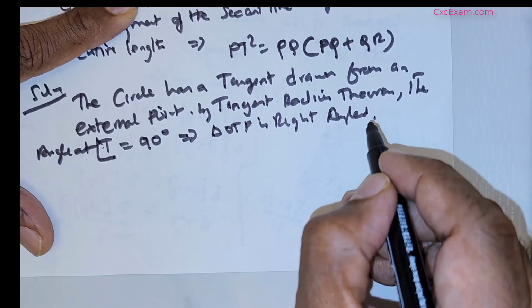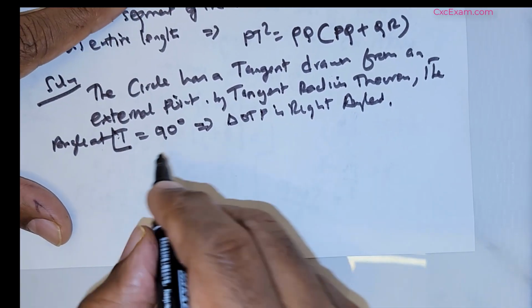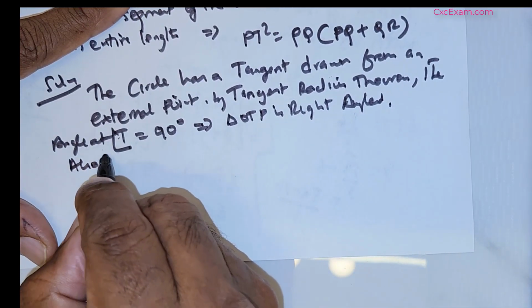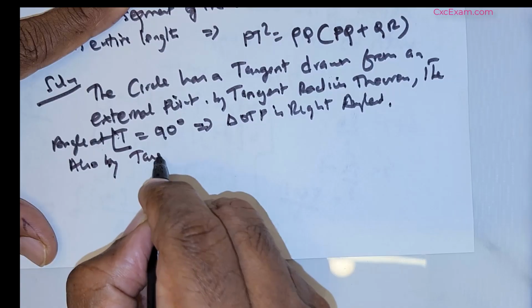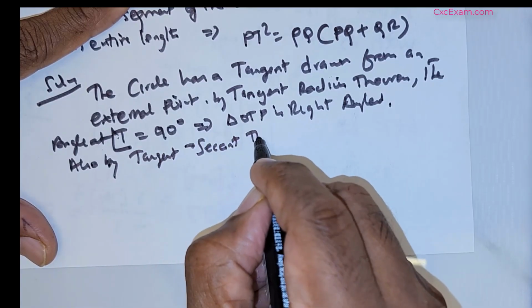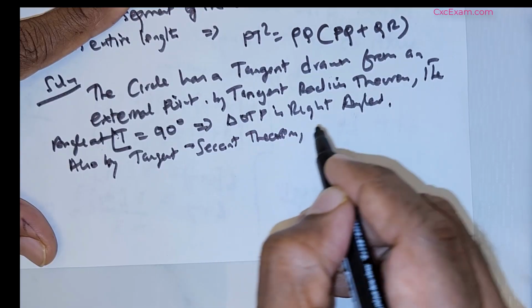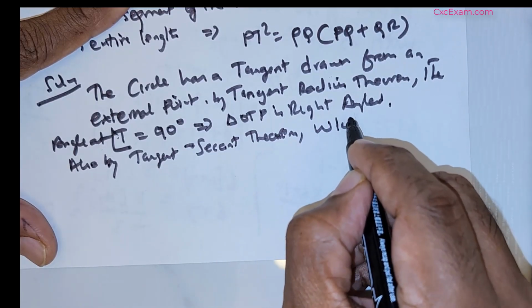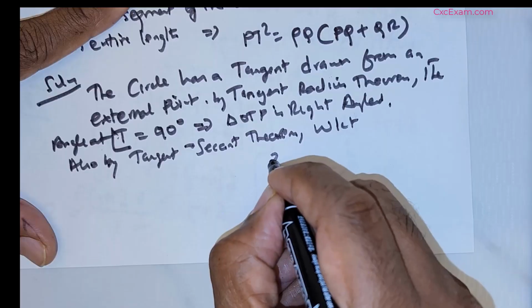Now we have to find x, also by the Tangent-Secant Theorem. What do we know?